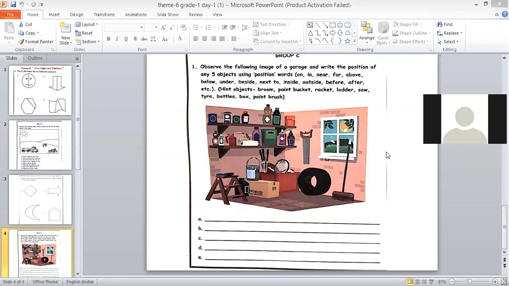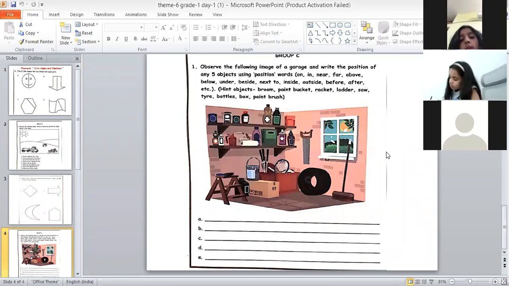Observe the following image of garage and write the position of any 5 objects using position words on, in, near, far, above, below, under, beside, next to, inside, outside, before, after, etc. Hint objects: broom, paint bucket, racket, ladder, saw, tire, bottles, box, paintbrush.